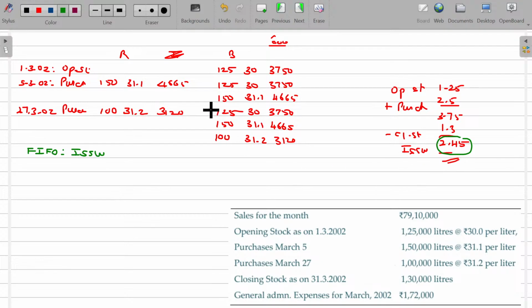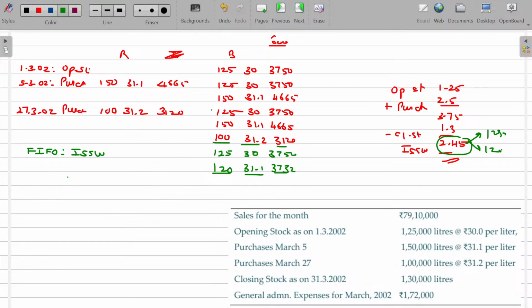As we follow the FIFO method, 125 units will be taken first at rupees 30. And the balance, 120, will be from the next price, 31.1. What's the value? 3,732.